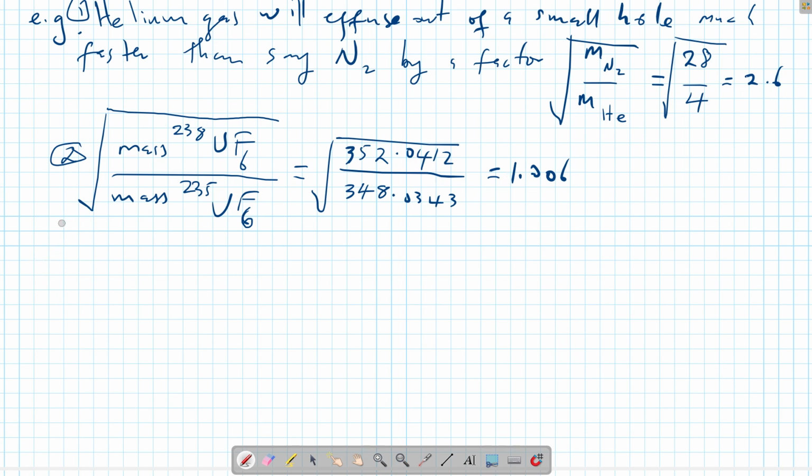And from effusion, one can compute the effusion rate.